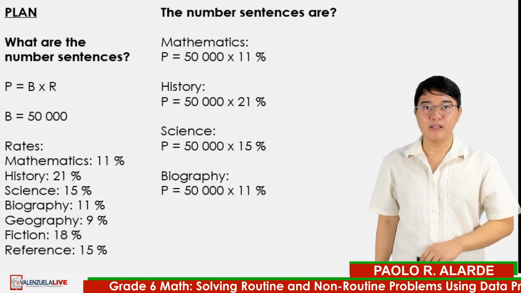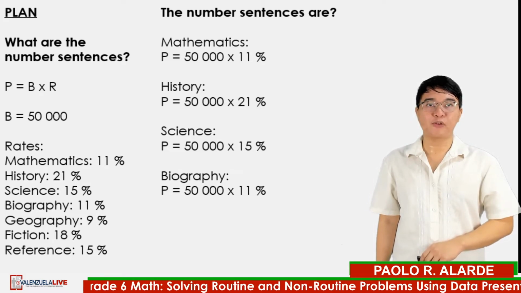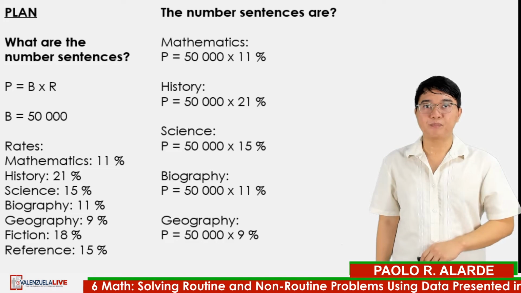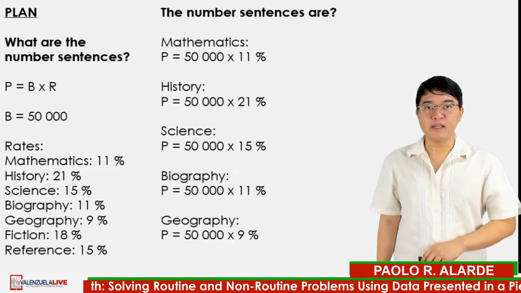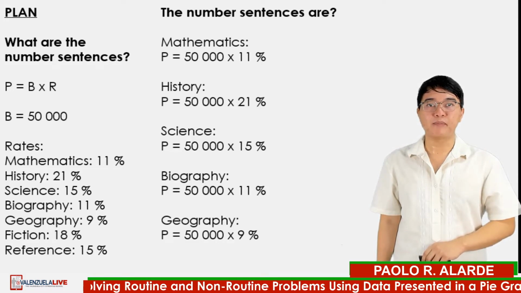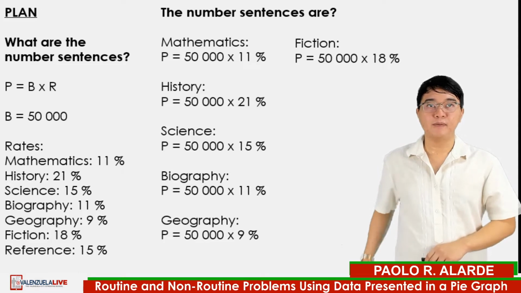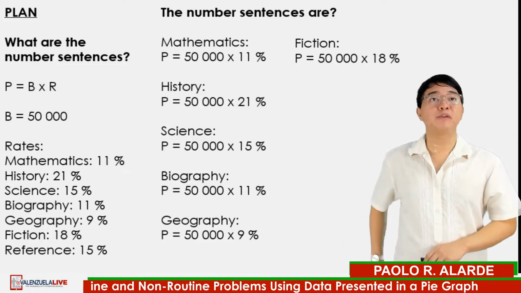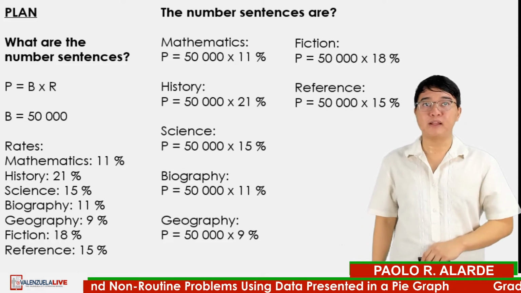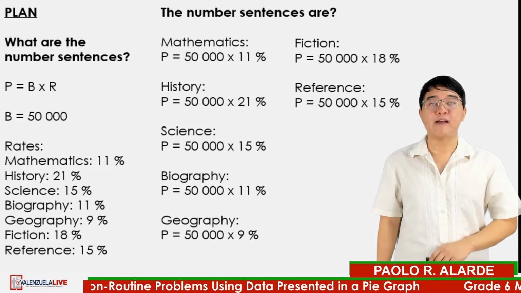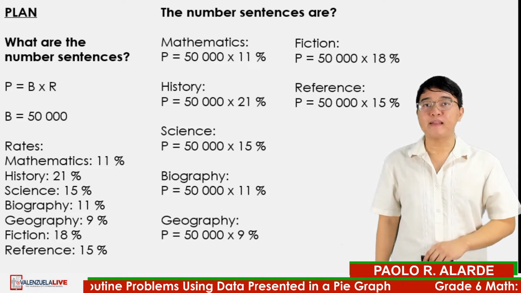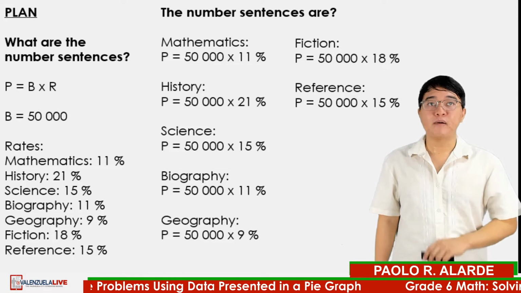For biography, P equals 50,000 times 11%. Geography is P equals 50,000 times 9%. Fiction is P equals 50,000 times 18%. And for reference, we have P equals 50,000 times 15%.